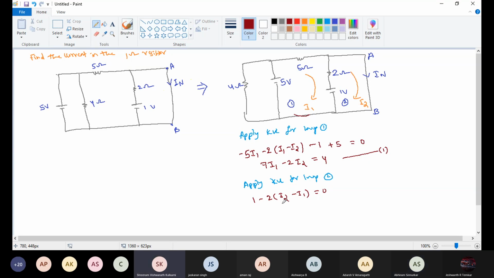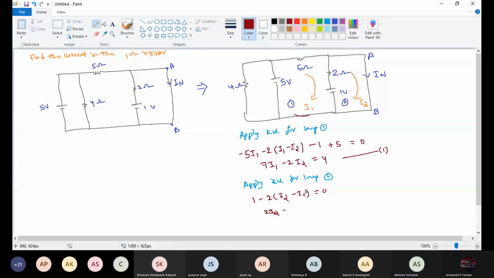Now simplify this. 2 I2 minus I1 equals 1.